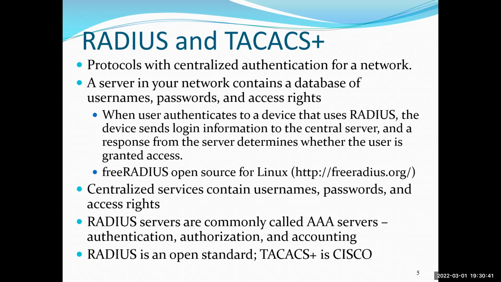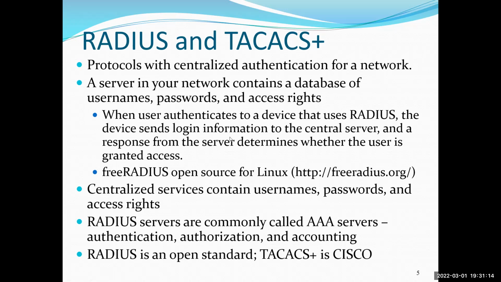So then it's going to look for the IP of the Radius server, which in this case should be the IP of the domain controller. So the device sends login information to that central server, and then a response from that server will determine granting access. Radius will be configured to access Active Directory services to check if that account and that password are valid. Does that make sense, guys? How that should work? Are there any questions about that?